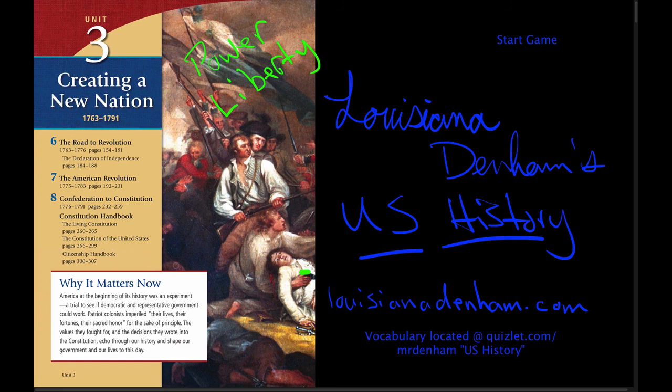America, at the beginning of its history, was an experiment, a trial to see if democratic and representative government could work. Patriot colonists imperiled their lives, their fortunes, their sacred honor for the sake of principle. The values they fought for and the decisions they wrote into the Constitution echo throughout our history and shape our government and our lives today.